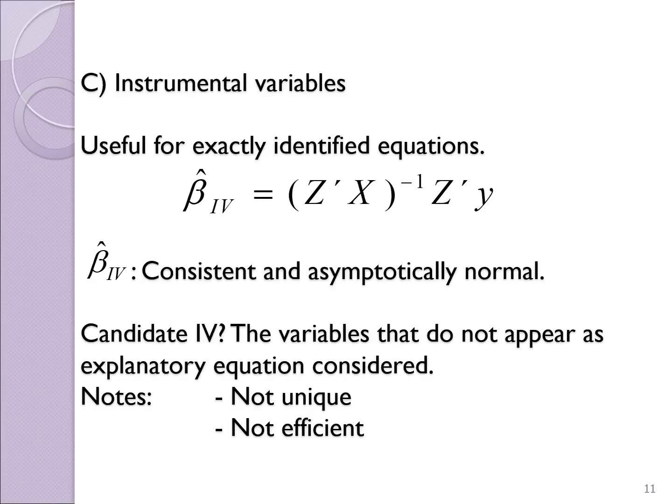And in this particular case, you can find candidate instrumental variables easily, because you can have variables that do not appear as explanatory variables in an equation, and then those are the candidate instrumental variables. So the idea is you need instrumental variables for one equation. What are the candidates? The candidates are variables that do not appear in that equation but appear in a different equation of the system.